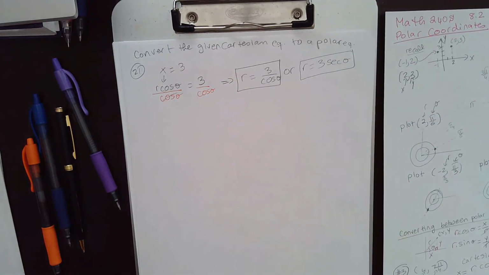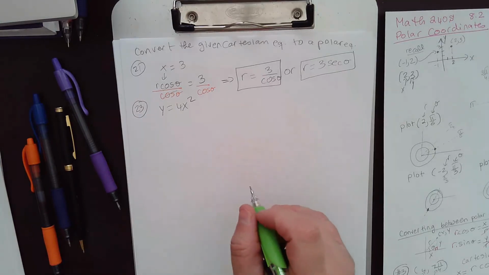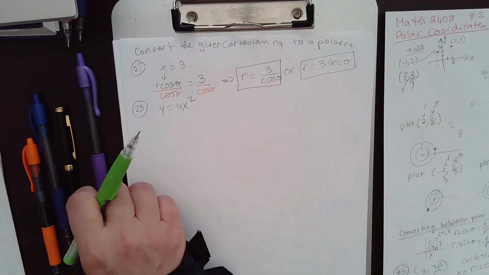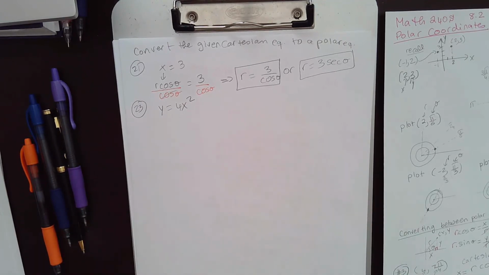Slightly more efficient here. Number 21. Please pause if you need more time. Okay, so we need now to do number 23. How do we convert it to a polar?